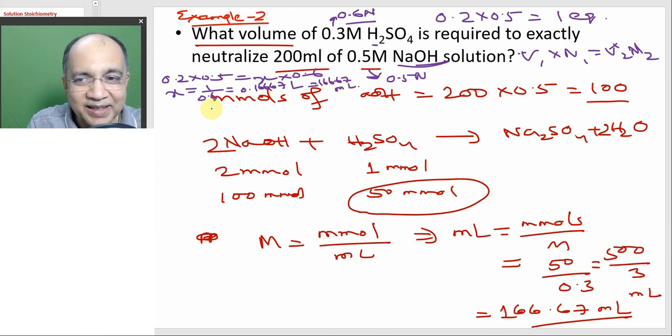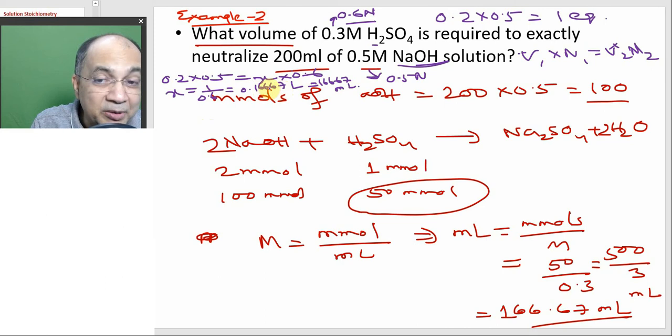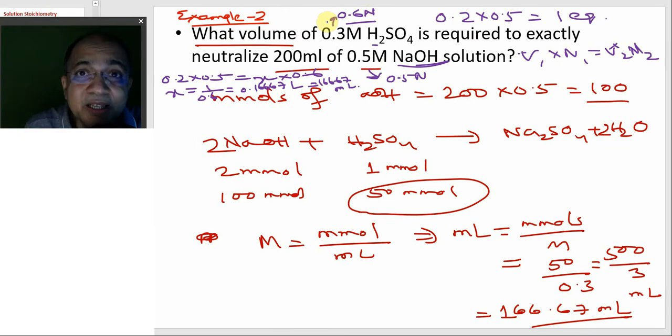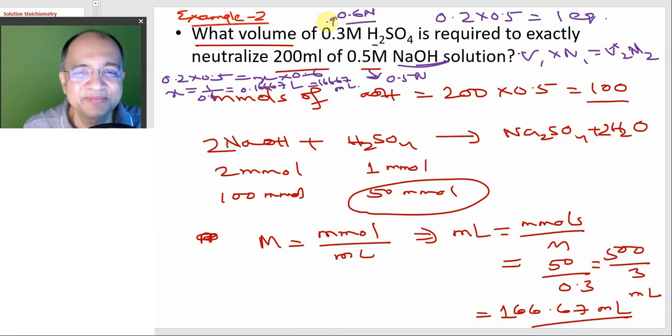Got it? I did it in the liter method, because I converted the volume into liters. The normality is 0.6, so just V1N1 is equal to V2N2 will solve your purpose. You get the volume.